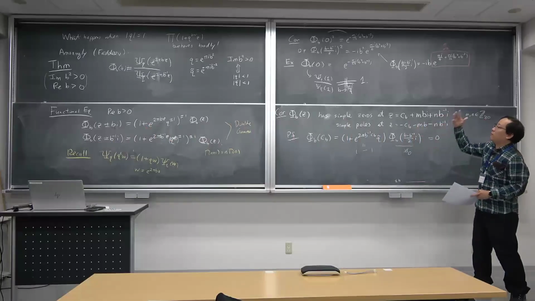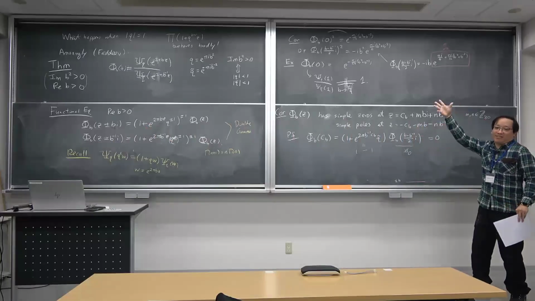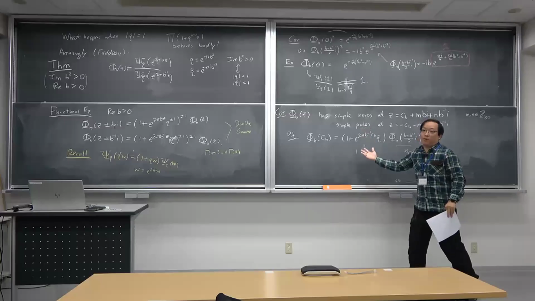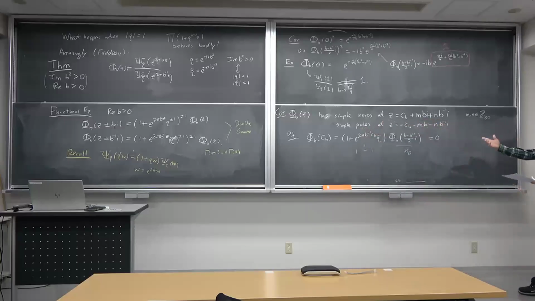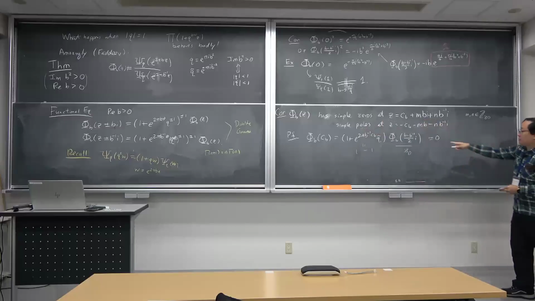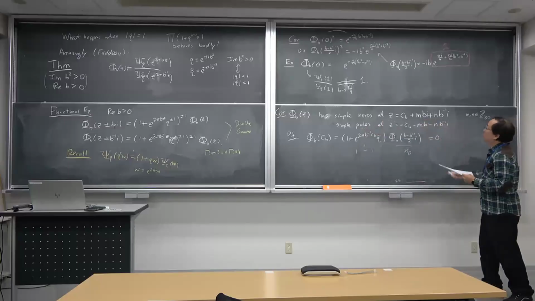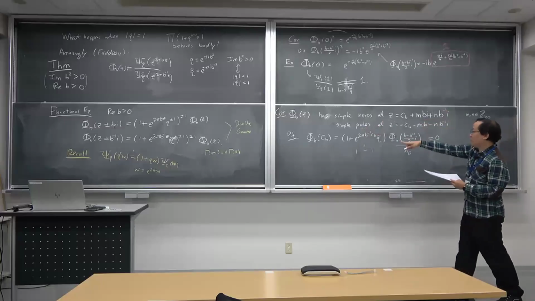And using the reflection formula I just erased, you can show that minus CB is a pole, and then all the combination will be poles also. And from this, you can also calculate the residues of the poles and zeros. For example, I should use the reflection formula.